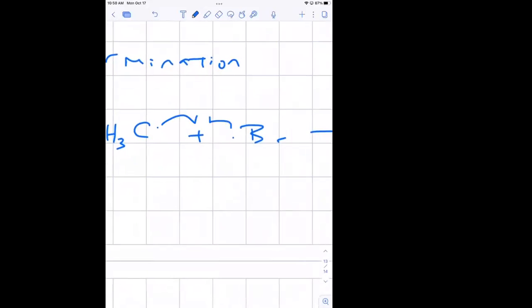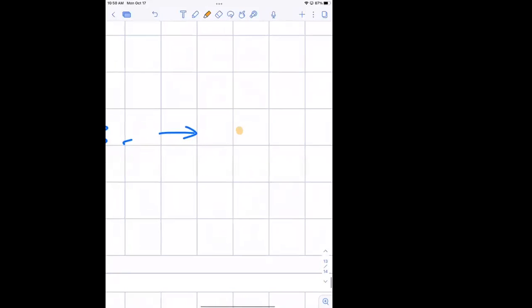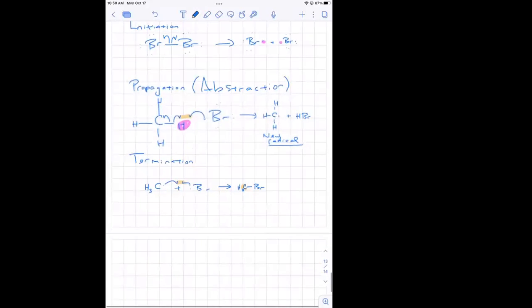Here. That means I'm making a bond there, so then I get CH3Br. And overall, that's a radical substitution. I've substituted one of the hydrogens with what? Bromine.